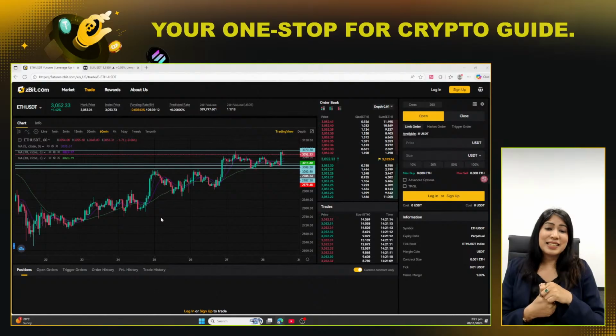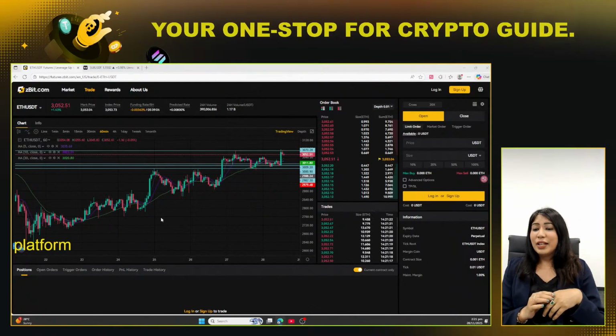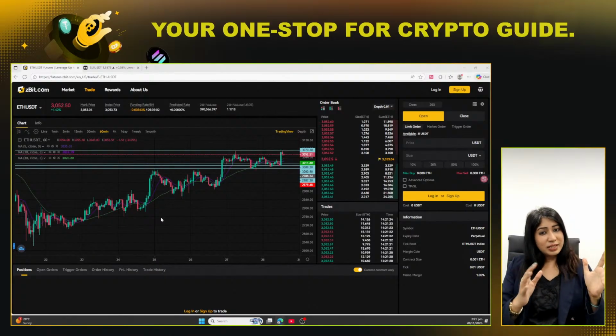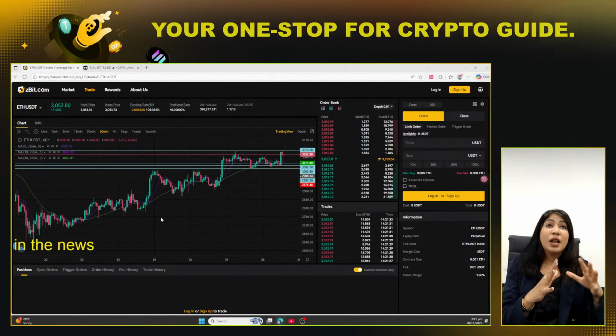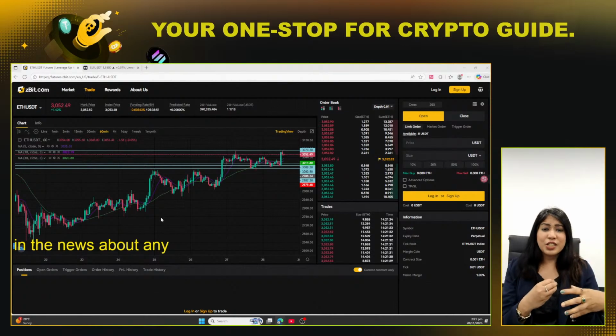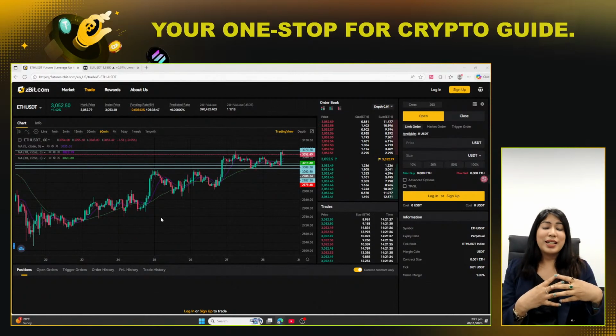There's nothing coming up with CPI, PPI, or any other information which can actually drive the markets crazy. I was doing some research in the morning and I couldn't really see any institutional adoption either. Not much in the news about any new projects, any new partnerships coming up, or any new institutional advancements happening, or things like that.